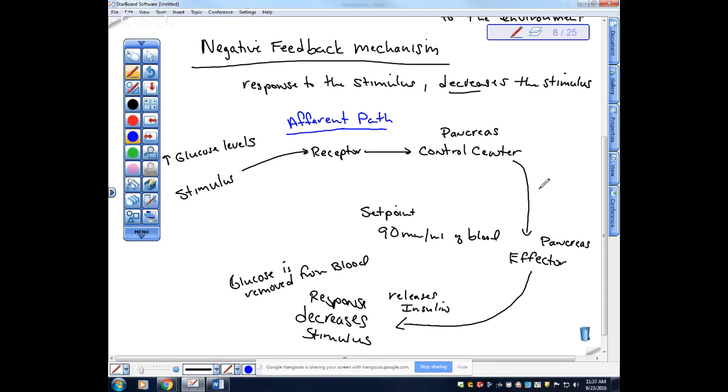Oftentimes the control center is the brain, but in this case the pancreas is both. This is called the efferent pathway. Okay, so A comes before E. So just remember afferent and efferent. This will be really important when you get to studying the different systems.